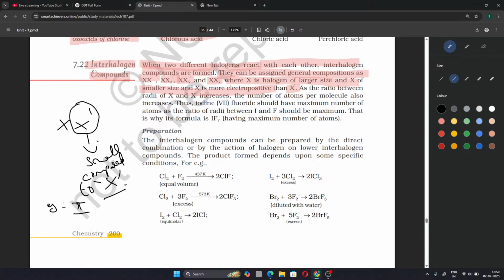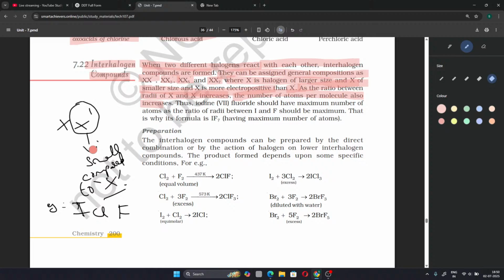We can take an example of iodine, which is larger and more electropositive, and for the smaller one we can take chlorine or fluorine, maybe even bromine. As the radius ratio of X and X' increases, the number of atoms per molecule also increases. If X is a very large atom compared to X', the more X' atoms it can bear.